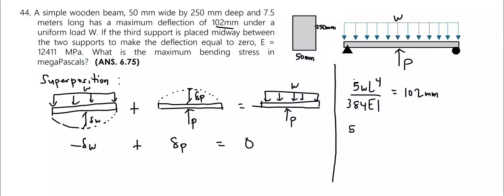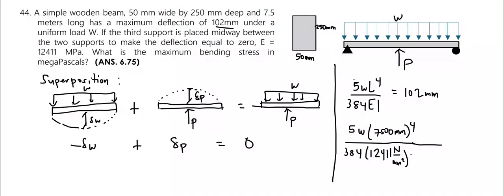Let's plug in the values. We have 5W times the length of 7.5 meters or 7,500 millimeters raised to the 4th power divided by 384 times the modulus of elasticity equal to 12,411 megapascals or Newton per millimeter squared.